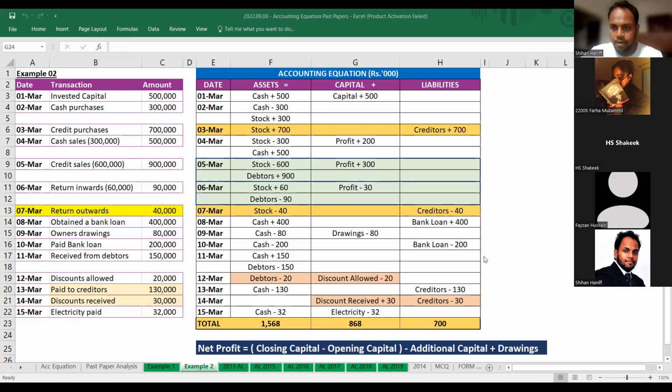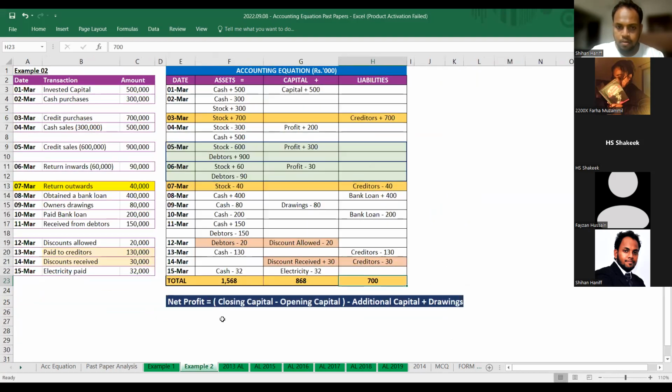Okay, net profit 448. Closing capital is 868.